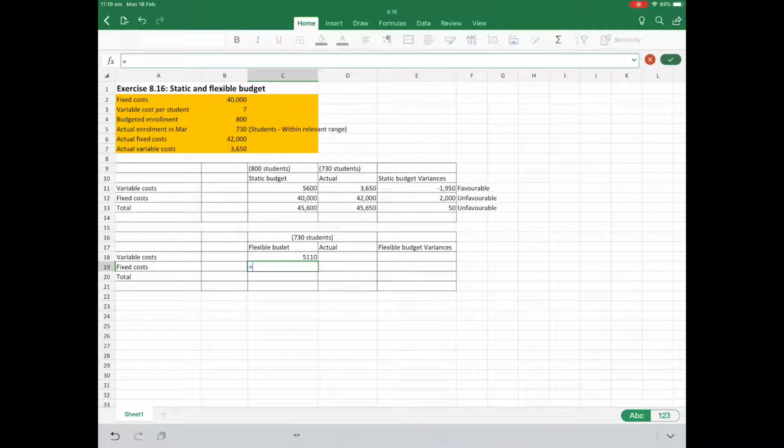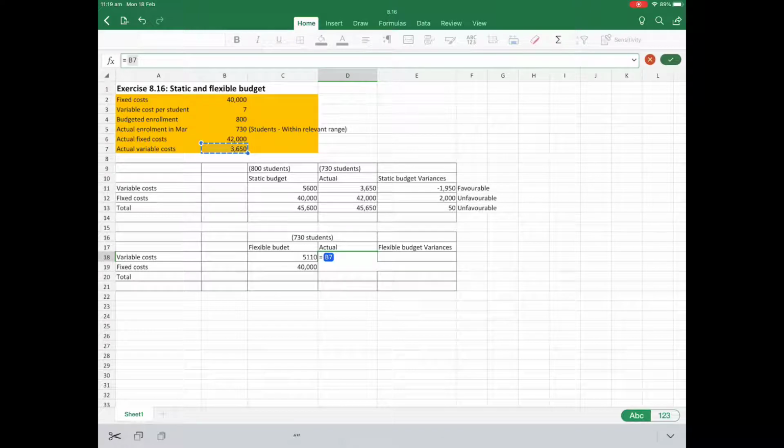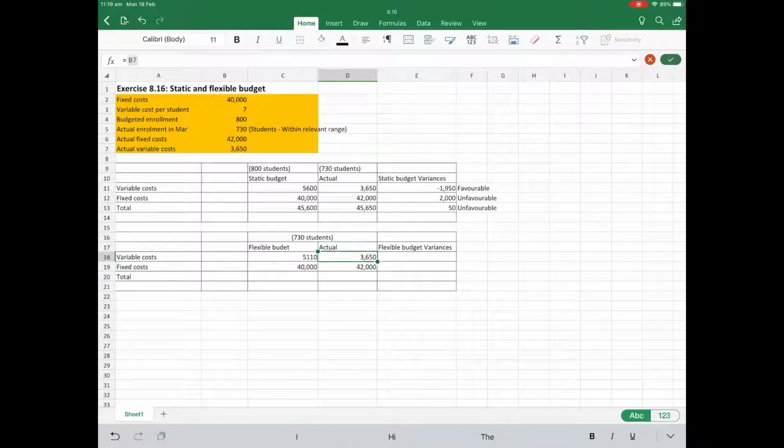And the fixed cost will still be the same, because they say 730 students is within the relevant range, so the fixed cost still applies. The actual cost is still the figure above, so you just transfer it from here. Remember that in Excel we always use self-reference. We don't input the figures directly, but we refer to the original data input.